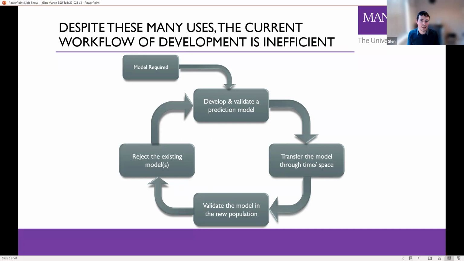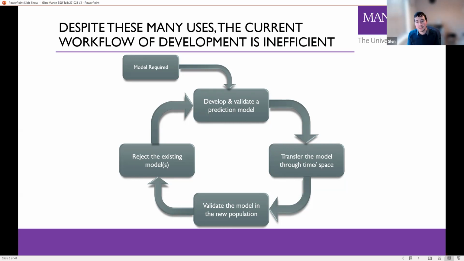What I mean by that is, once a model has been identified as being required, different analysts or analytical teams might go ahead and obtain or collect data relevant to that prediction task. They would develop and internally validate that model, and they might then ultimately publish a paper describing that development and initial validation.